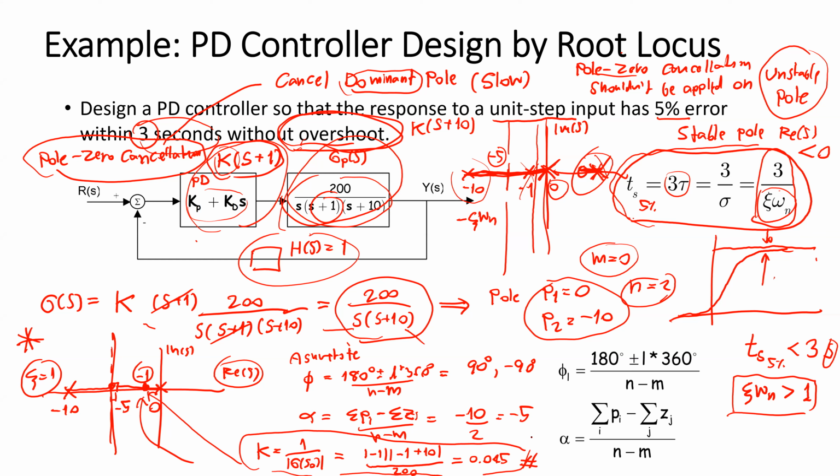Because if we want to get the speed, we need to have the sigma omega n bigger than 1, the magnitude of sigma omega n bigger than 1. And at that point, the gain is about 0.045.